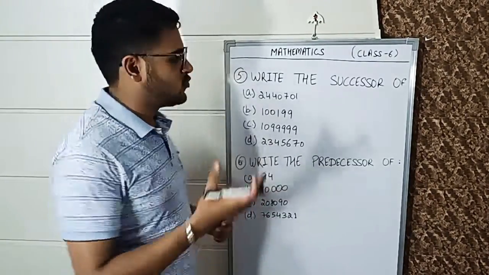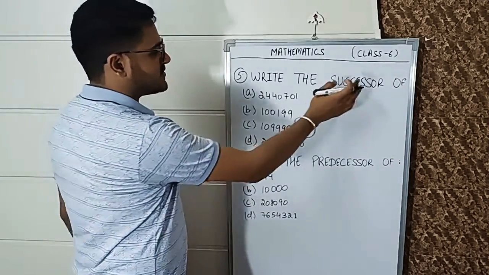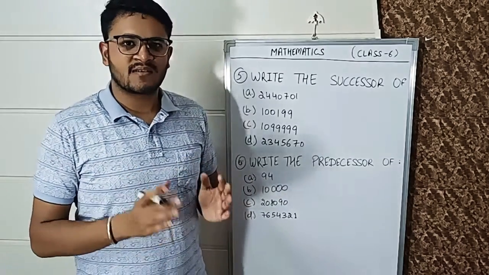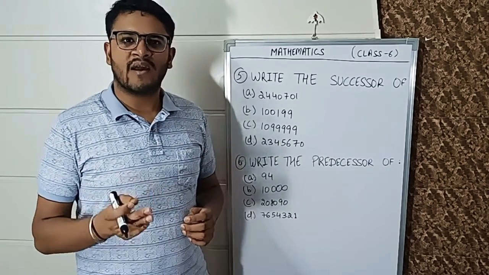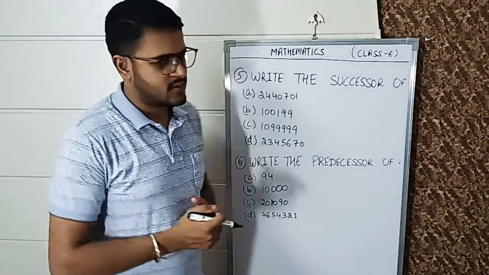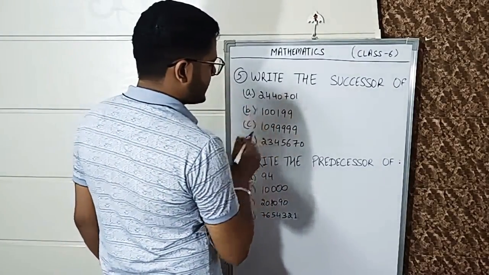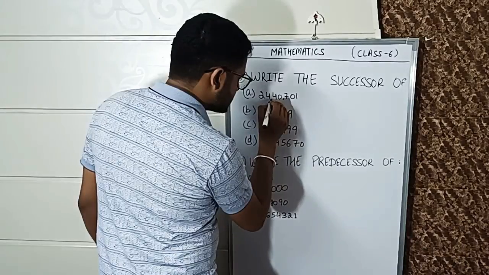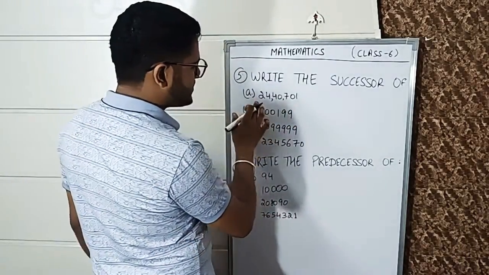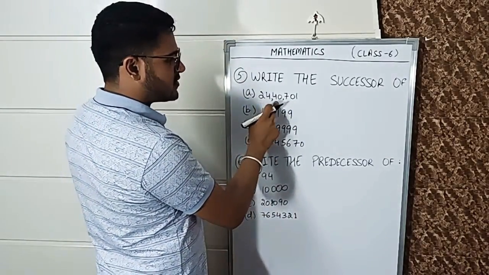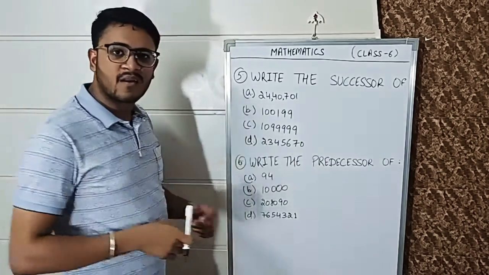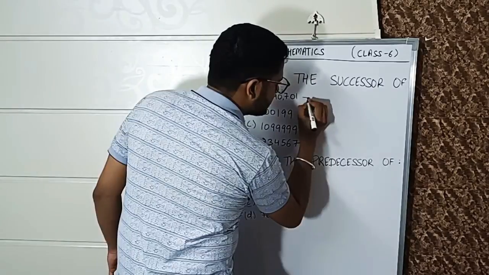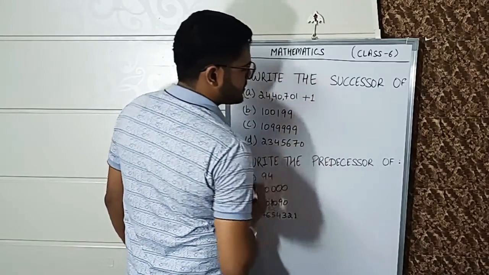Now let's have some more examples. Write the successor of the following. We already discussed that to get a successor, we add 1 to the number. For this example, first mark the commas. So the number is 24,40,701. In order to get the successor of this number, we will simply add 1 to it.